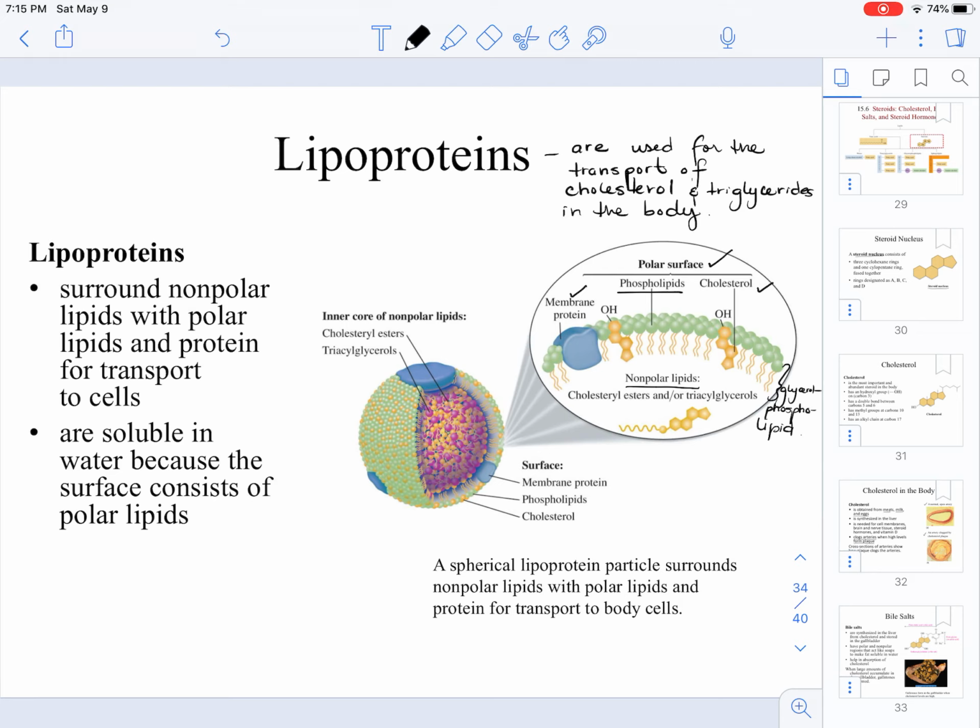Having this ability to have a polar surface and inside the molecule being able to carry these nonpolar lipids allows lipoproteins to be soluble in water. And again, it's all because of these polar lipids that are in the surface, okay? And it has to do with the structure of the glycerol phospholipids that they're composed of.